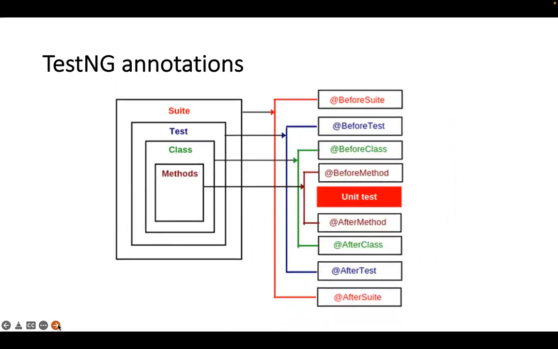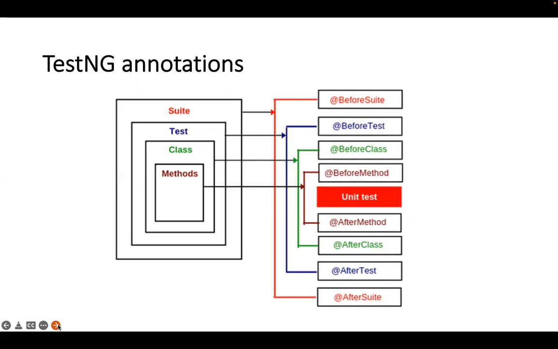So here, in the previous slide, I was explaining what is a test suite, what is a test case, what is a class and methods. We created two classes and inside them three methods, which we denoted as test cases. Now we have complete control over the execution using these annotations.